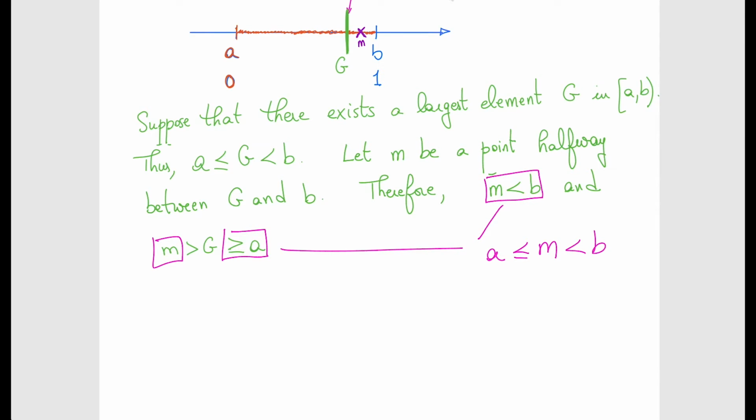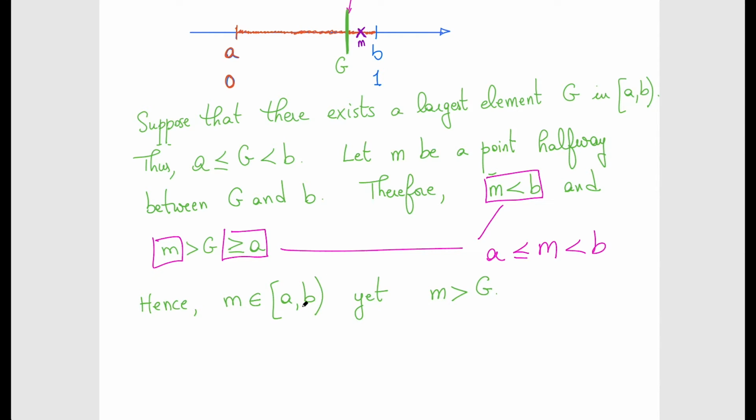Hence, M is an element in this set AB, yet M is larger than G. So M is an orange dot and bigger than the supposed largest element in that set AB.